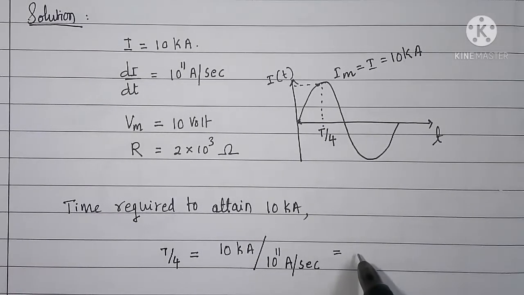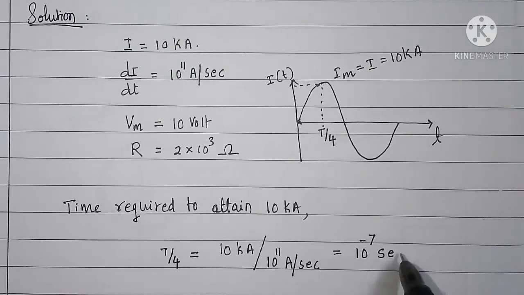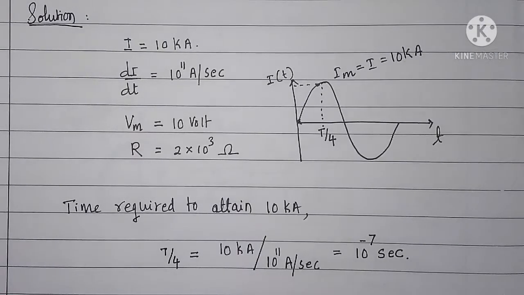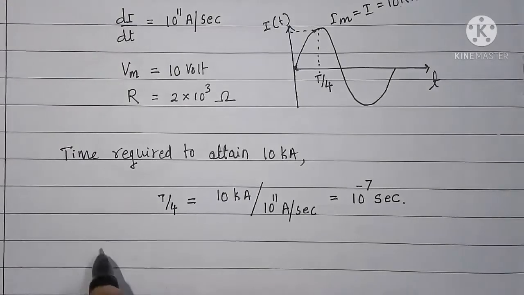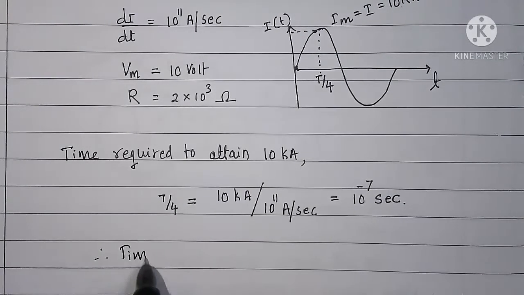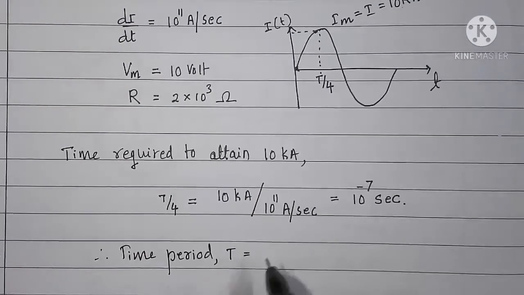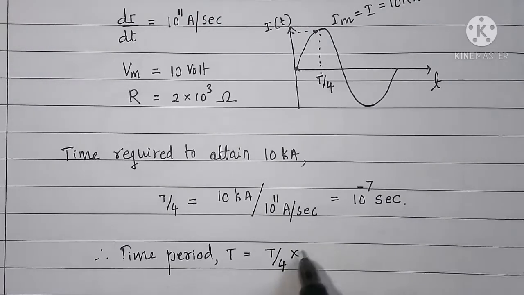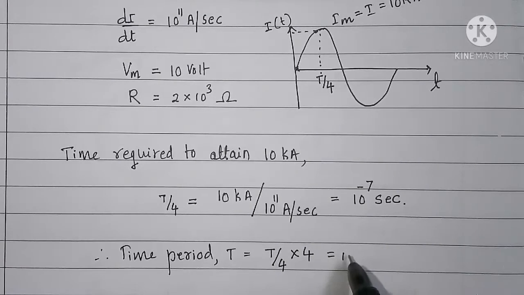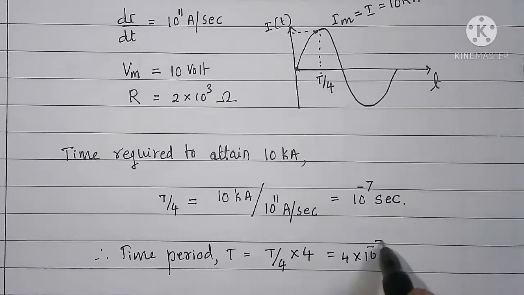That is equal to 10 raised to minus 7 second. Therefore, time period capital T is equal to T by 4 into 4, that is 4 into 10 raised to minus 7 seconds.